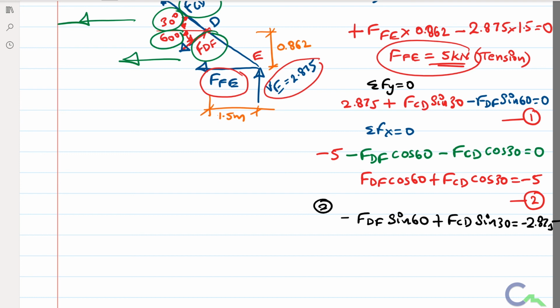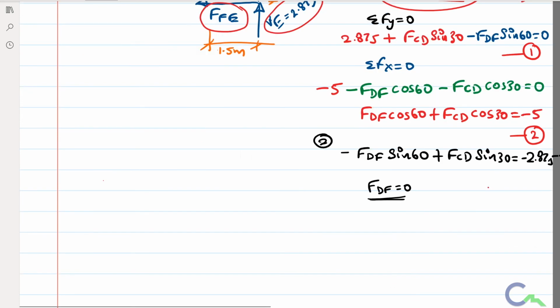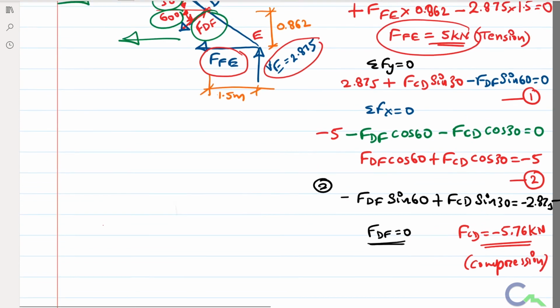If I solve these two equations, I get FDF equal to 0, and FCD equal to minus 5.76 kilonewton. We got a negative answer, so the assumption is wrong and the member is in compression. So I got all the 4 answers.